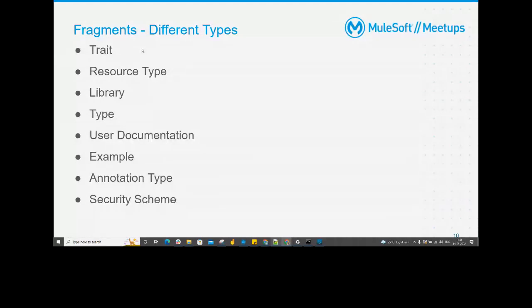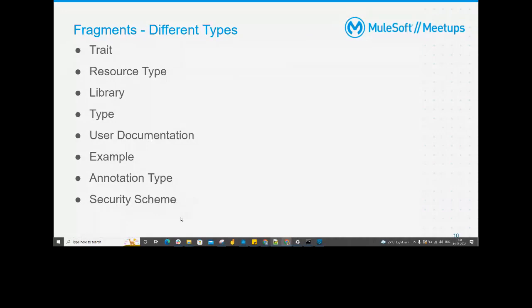You can create a resource type, you can create your own libraries in your fragments, you can create data types in your API fragment that you can use later in your API specification. You can create your documentation. As I was mentioning before, you can create your own examples, annotation types, and security scheme.